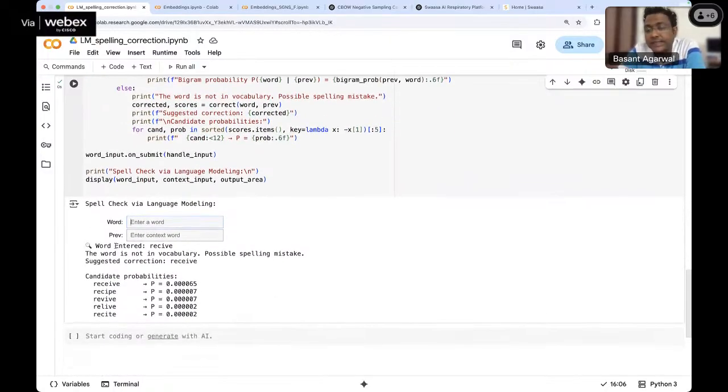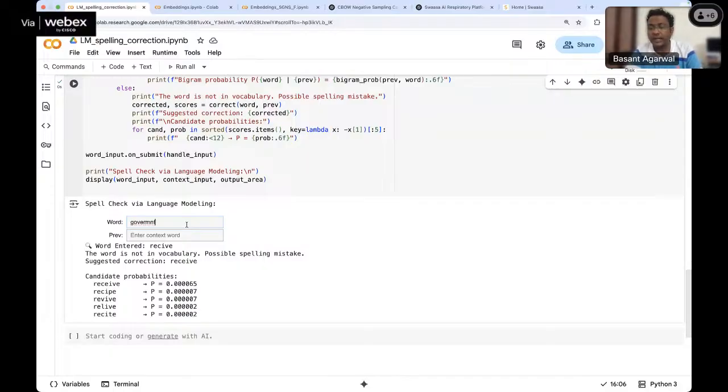Since this word is not present in the vocab, possibly because of the spelling mistake, it is suggesting the correct word for this. That is receive, because it has the highest probability. Okay. So all these options were generated using the edit distance, and then with the help of language modeling we could find out that this is a misspelled word, and the correct word can be this one.